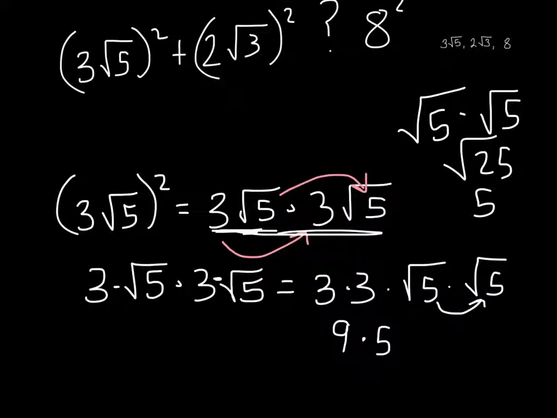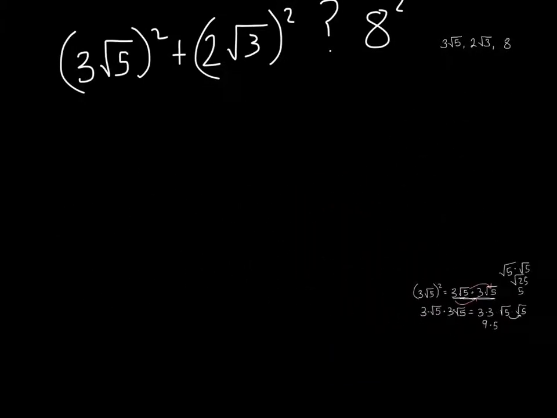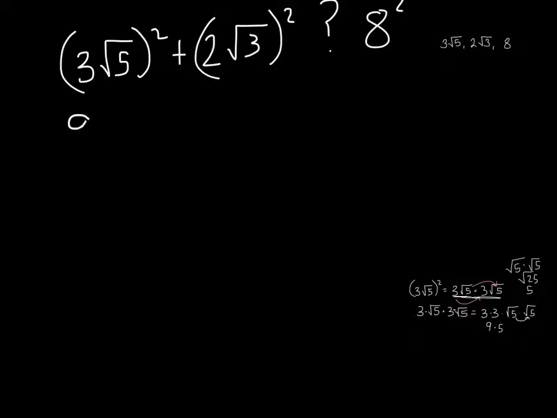And that's why I think it's actually easier than working with the decimal approximations. It's not only more accurate, but we're going to end up with more whole numbers. So this is 9 times 5 plus 4 times 3. So it becomes a simple matter of, when you become fluent at this, it's just 2 times 2, and then this becomes 3, because it's the square root of 3. How does that relate then to 64, or 8 squared?